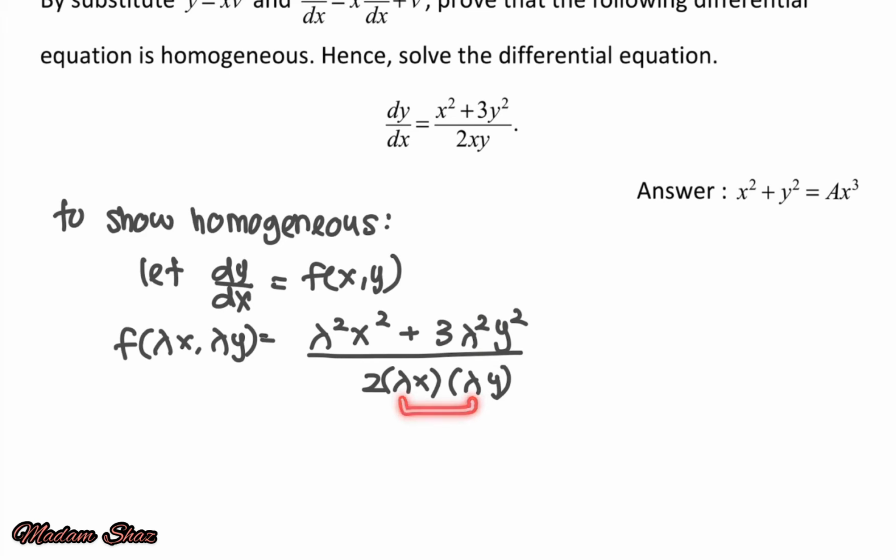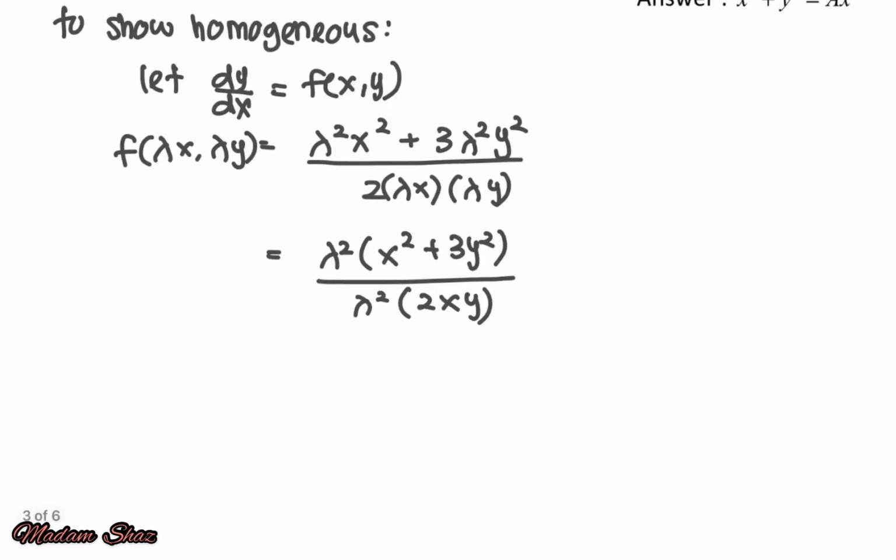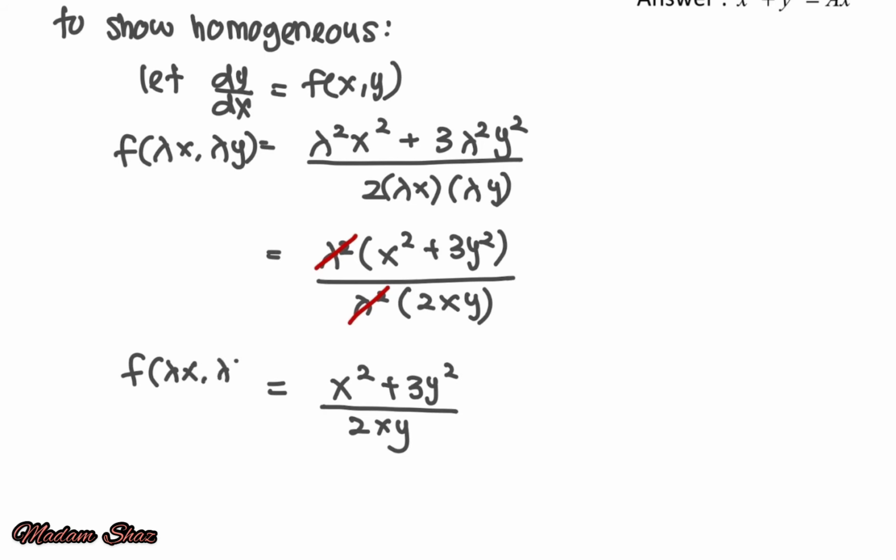So we can factorize the lambda square, and now cancel out the lambda square. So f(lambda x, lambda y) is equal to x square plus 3y square divided by 2xy.